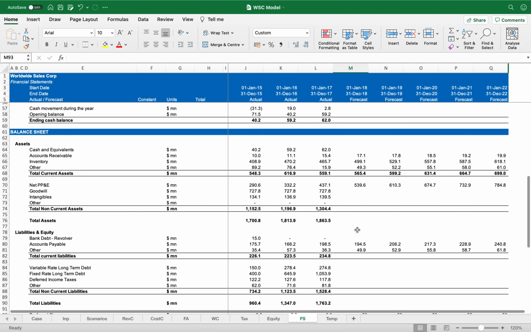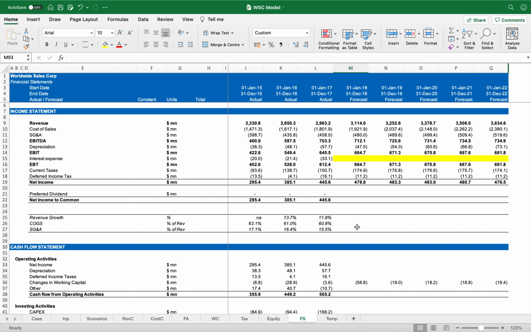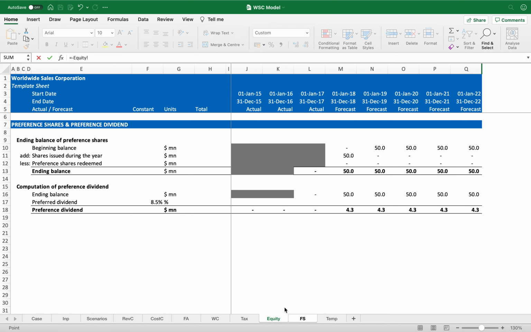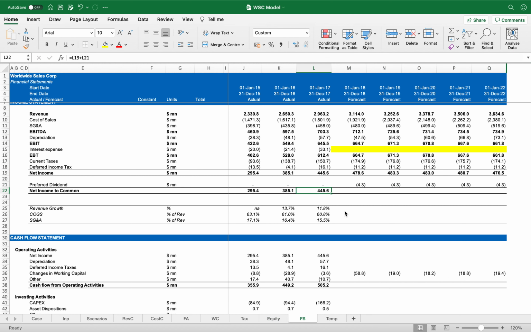In my income statement, after the net income, I had a line item where I needed to enter the preferred dividend. So I'll link the preferred dividend and compute net income to common shareholders.